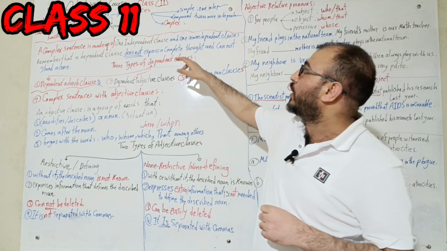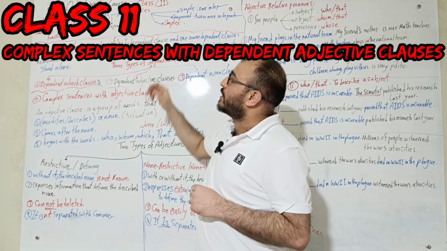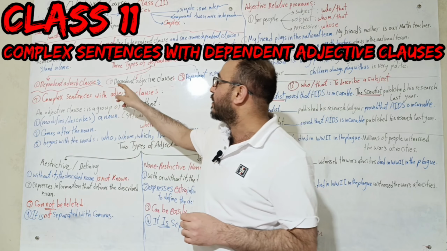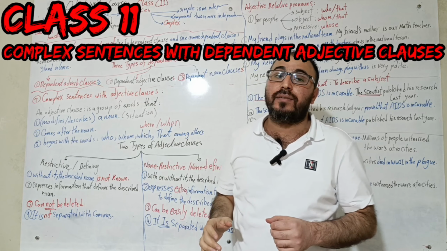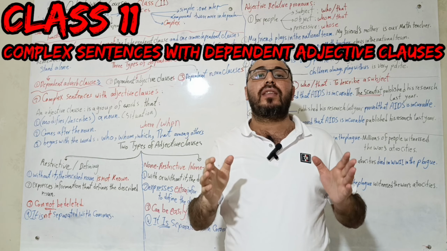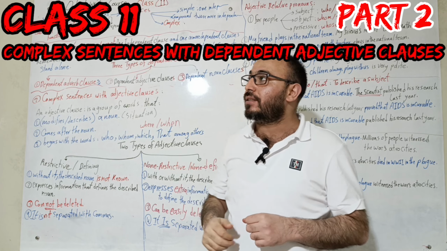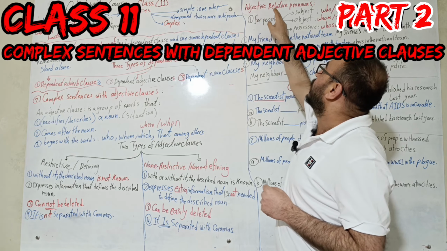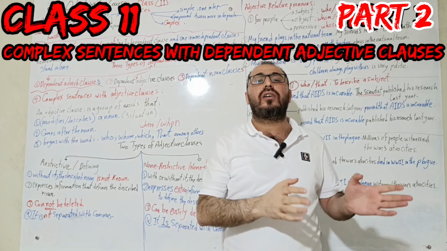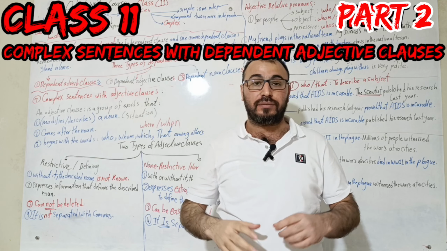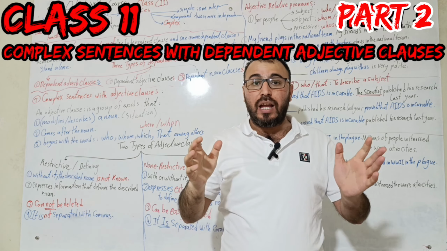Today, my friends, we are carrying on talking about complex sentences, specifically the second type, the complex sentences with adjective clauses. And today our class is allocated to talk about adjective relative pronouns, around which a lot of questions have been asked.